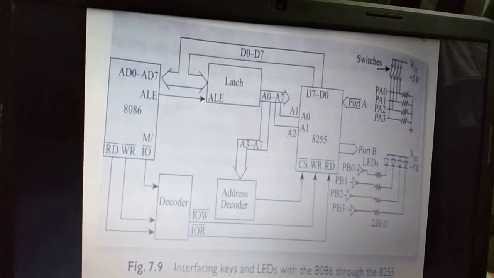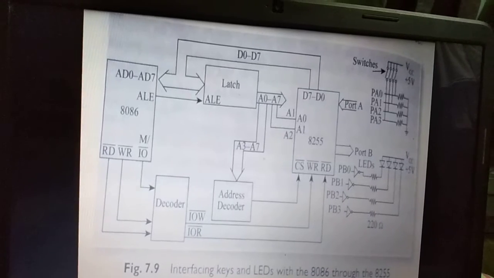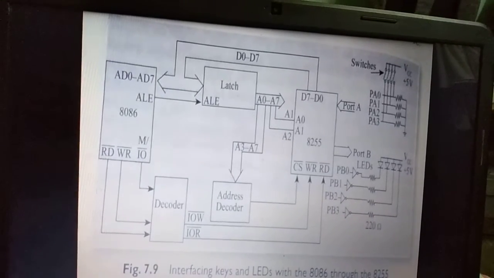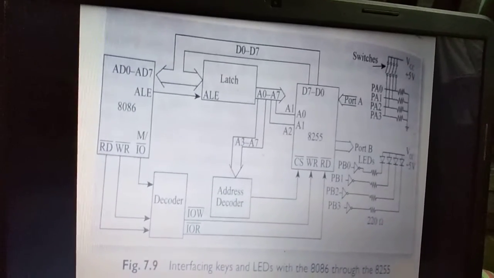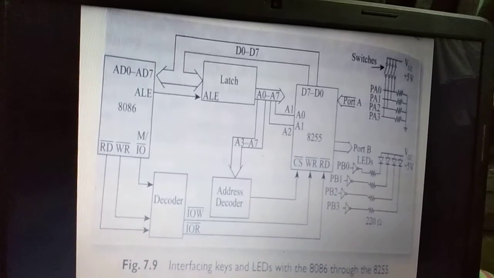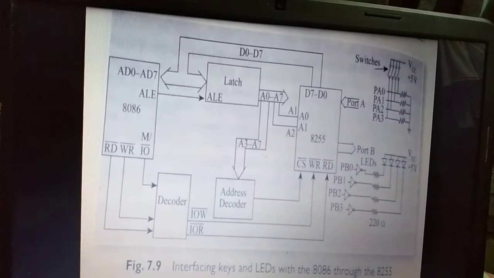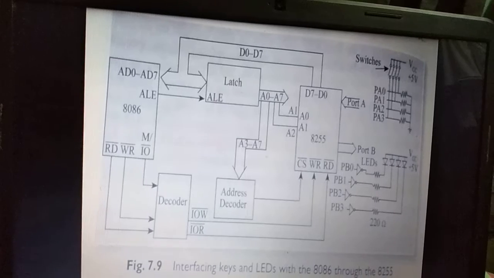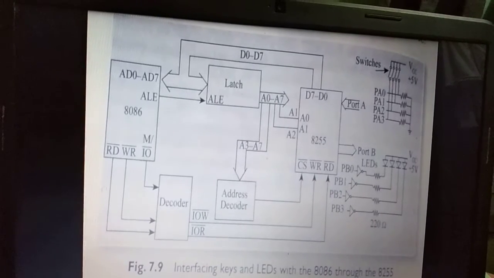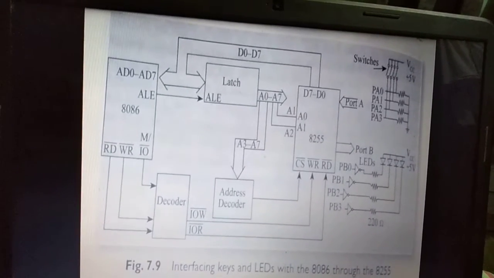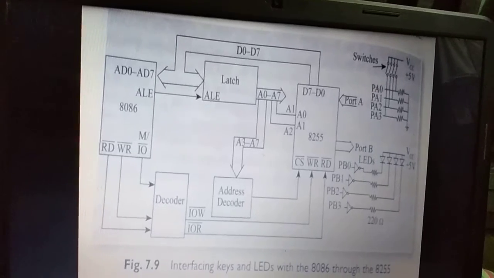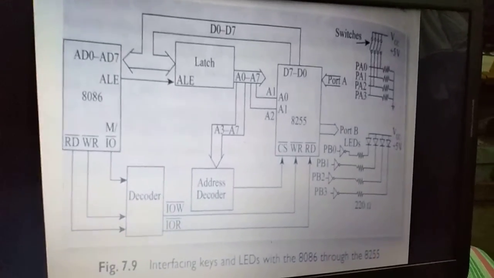The lines D0 to D7 are going to carry the data. It is bidirectional. When we read from the switches, the data comes to the microprocessor via the lines D0 to D7, and when we write, the data is placed from the microprocessor to port B via the lines D0 to D7.